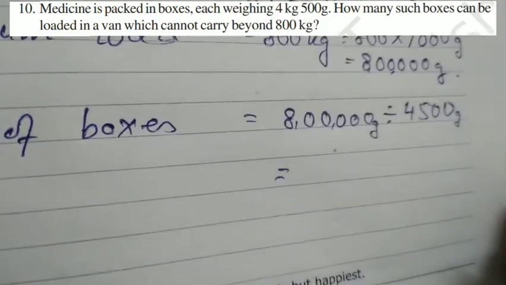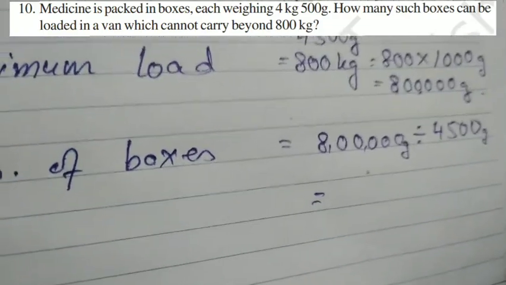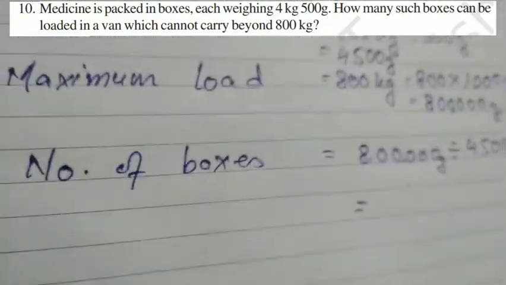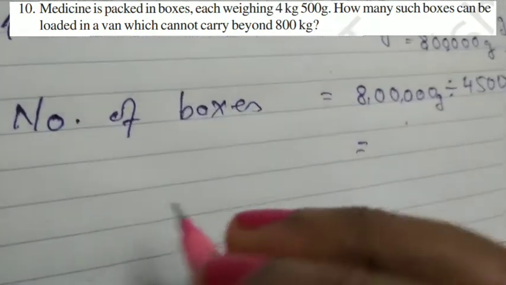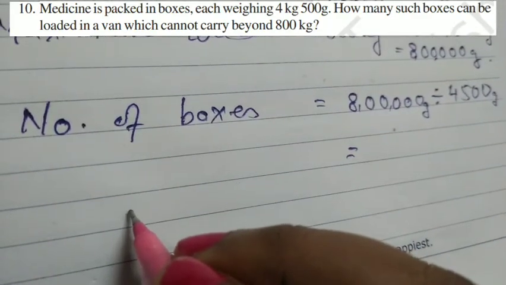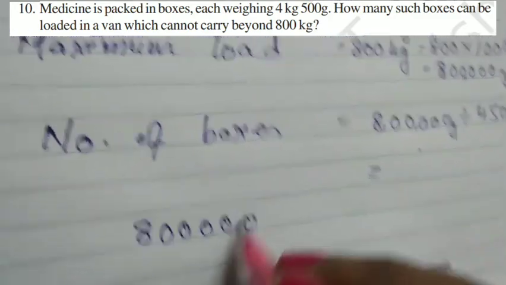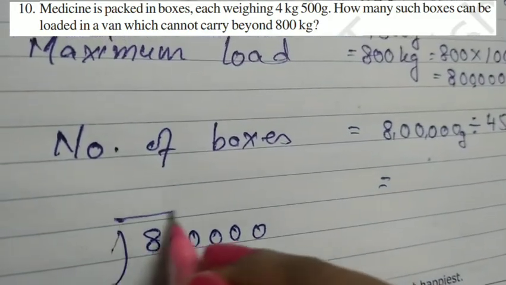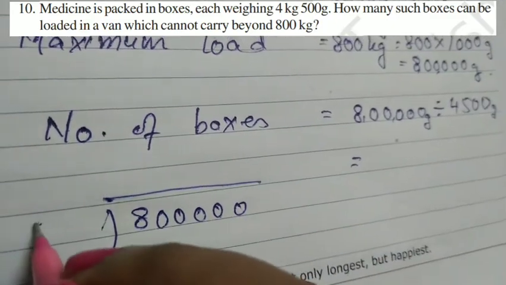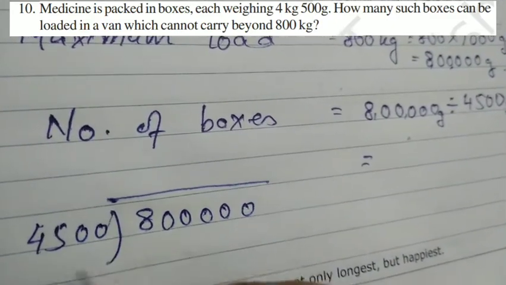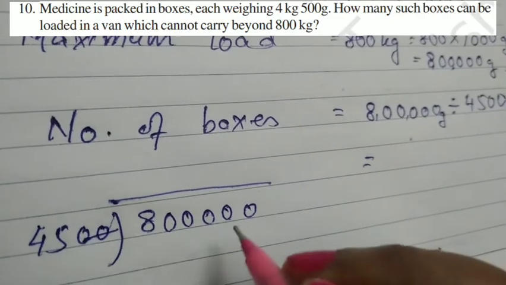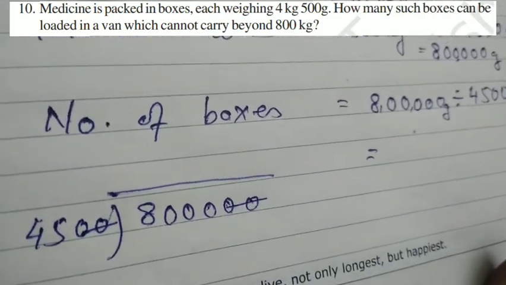I can divide only the same units. Okay, so if I have to divide it, I will divide it. See, for each, what I will do now, I will cut these 2 zeros and I will cut these 2 zeros.